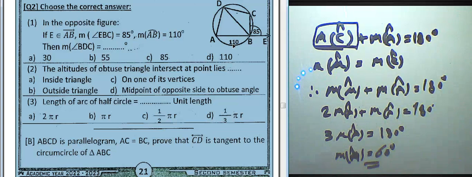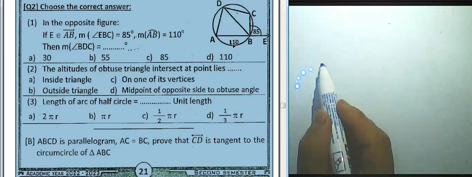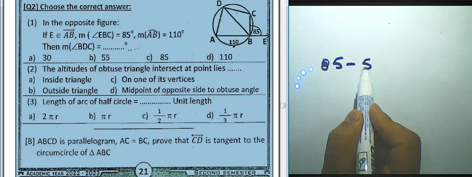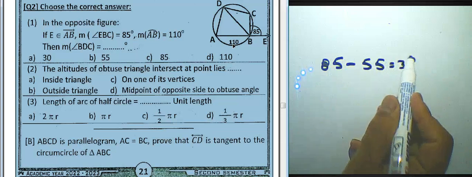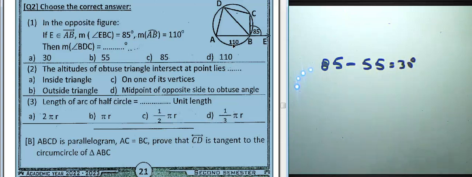It will be 55. Then the measure of angle CDB equals 85 minus 55, which equals 30 degrees. Again, the measure of angle B equals 85 degrees, and the measure of angle D will be equal to 85 degrees because it's exterior, such that E belongs to the ray EB and CBAD is a cyclic quadrilateral.